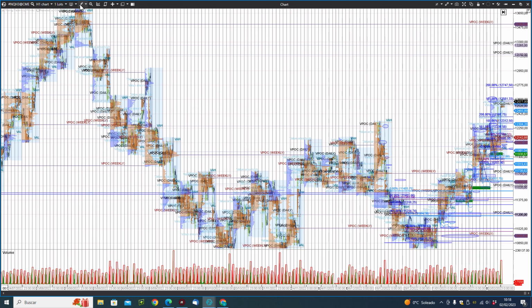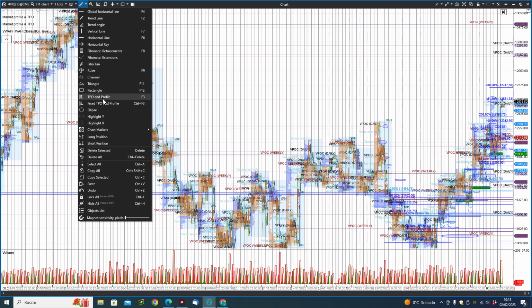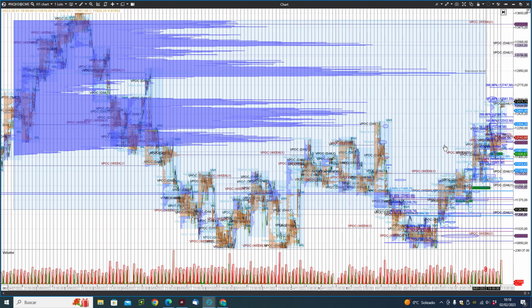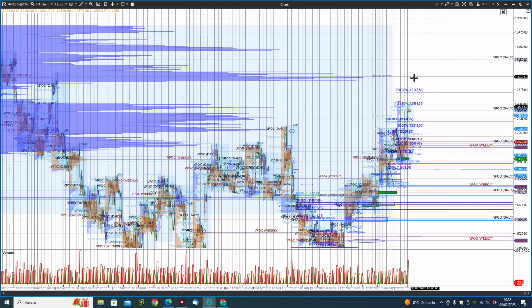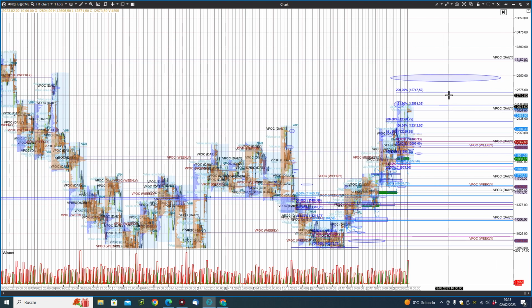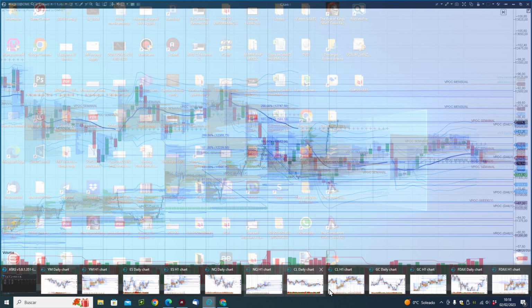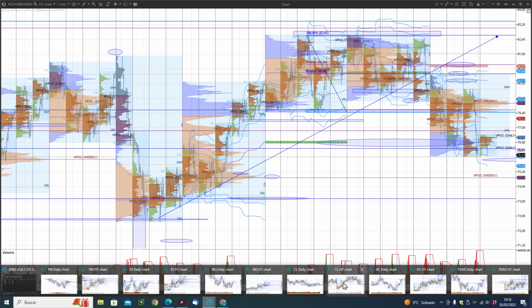Let's see what happens here with a profile in this zone. About higher targets, first target would be 12,924 approx. This high volume node. Okay, well, then Nasdaq is done.